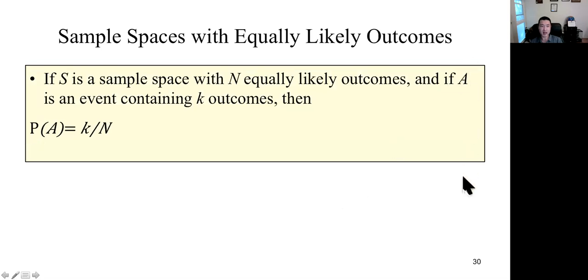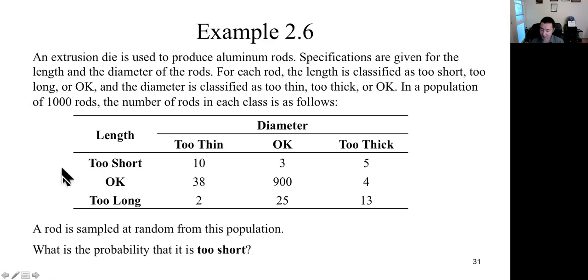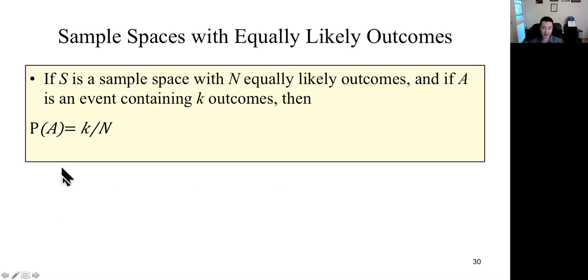So let's say S is a sample space, and within the sample space we have n equally likely outcomes. If event A contains k outcomes, then P(A) is equal to k over n. One example of that is P(odd number). The odd number event includes 3 possible outcomes, 1, 3, and 5.